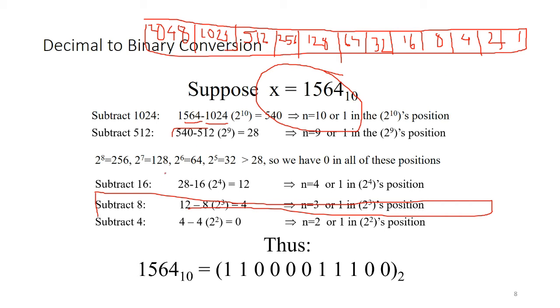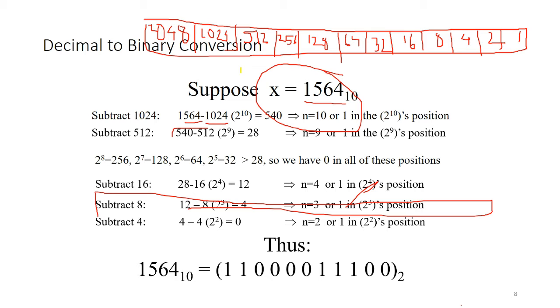So in the first step, what we have done is we try to figure out which value is close and less than the given number. The given number is 1564. Let's use the highlighter.